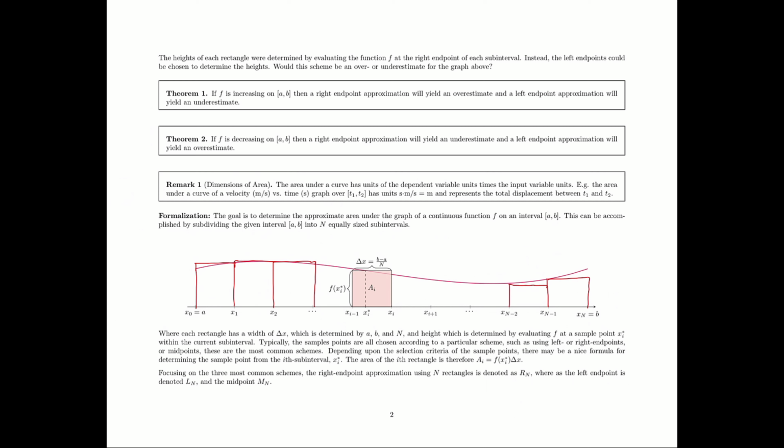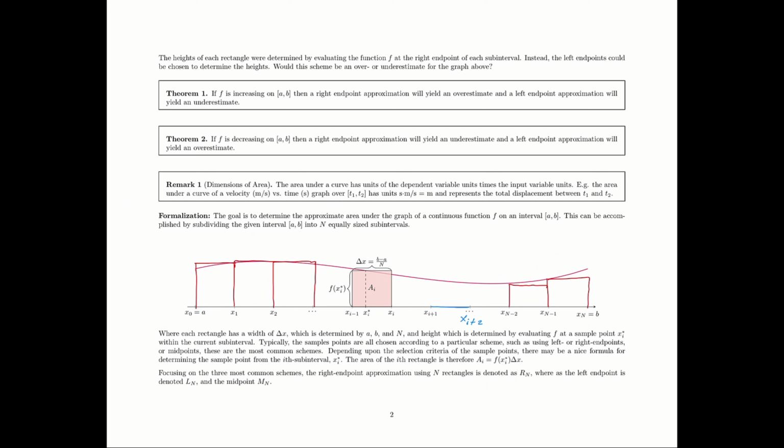Now, the last thing we're going to talk about is that there are 3 common schemes. Let's look at one of these rectangles in here. Let's look at this one in blue, this rectangle right here from x sub i minus 1 to x sub i.